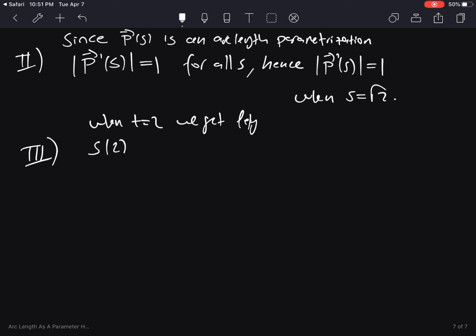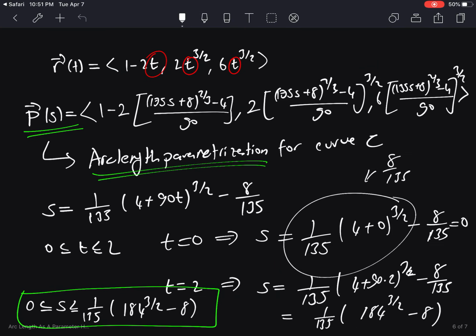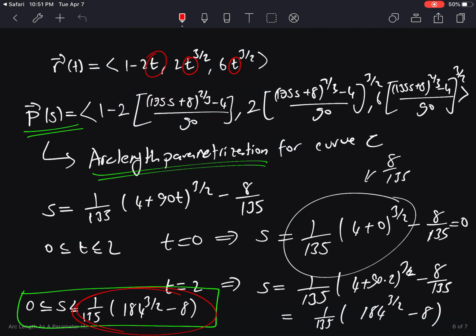The length of the curve C is s(2), and we found s(2); it is the upper boundary of s.